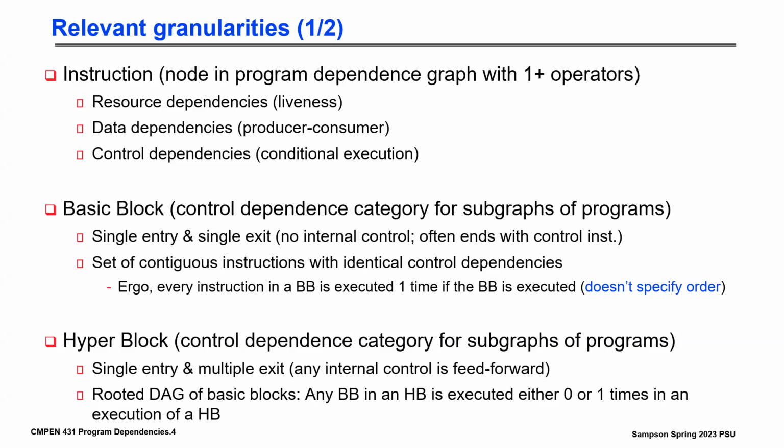Now the difference between a hyperblock and a basic block, other than the fact that a hyperblock is a set of basic blocks: any given instruction in a hyperblock, when the hyperblock is executed, will be executed exactly 0 or 1 times, right? When a basic block is executed, each instruction is executed exactly once, if the basic block is executed, 0 otherwise. Here, right, I could have my if-else. It's all forward flow. There's no loop. It's a useful unit for thinking about optimization and potential dependencies and parallelism, right?